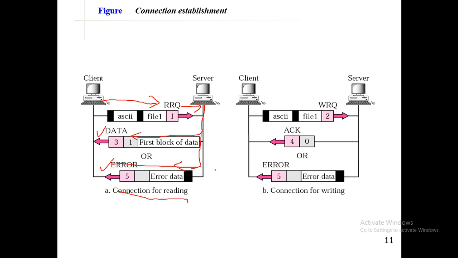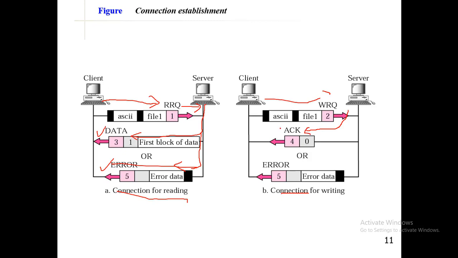So let's talk about the connection for writing. If I want to store some data onto the network, I'll send the request packet, this write request packet, to the server, and the same thing will happen if the server acknowledges my request. I will get this acknowledgement, and after that I will be establishing a data connection.